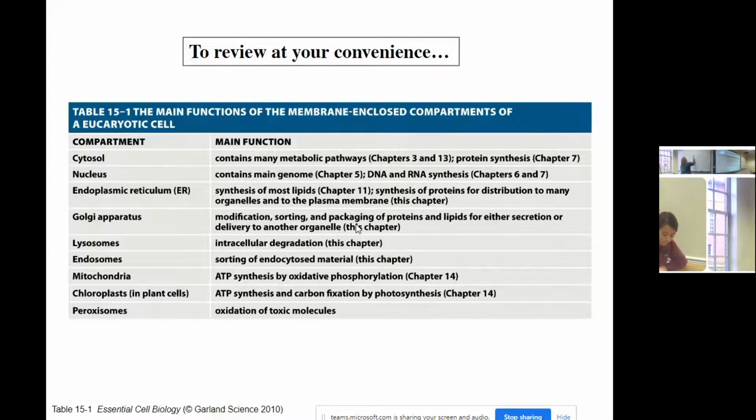And these compartments together represent a connected set of destinations called the endomembrane system. There's a slide coming later that shows the parts of the endomembrane system. Yeah, good question. Extracellular is a destination.